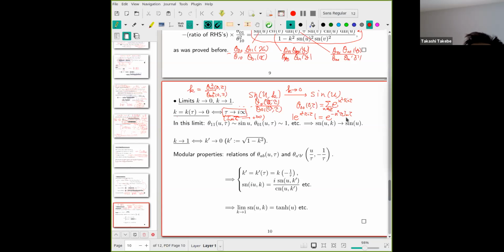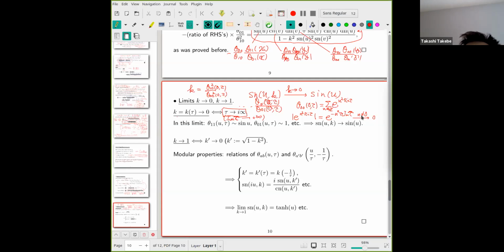So if the imaginary part of tau gets larger, then this goes to 0, unless n is 0.